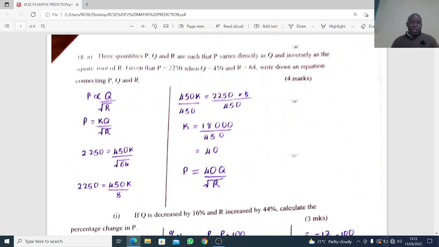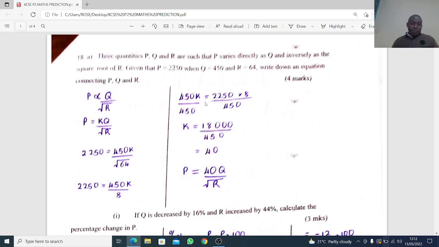You replace P with the value 2250. So that will be 2250 equals K times Q, and the Q we are given 450. So it's 450K, all over square root of R, which means square root of 64. So this will give you 2250 equals 450K all over square root of 64 is 8.